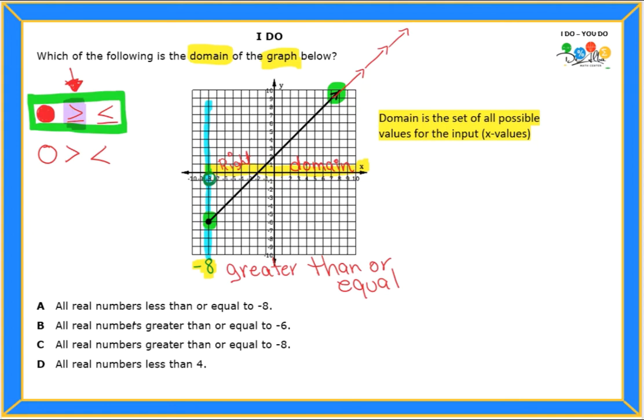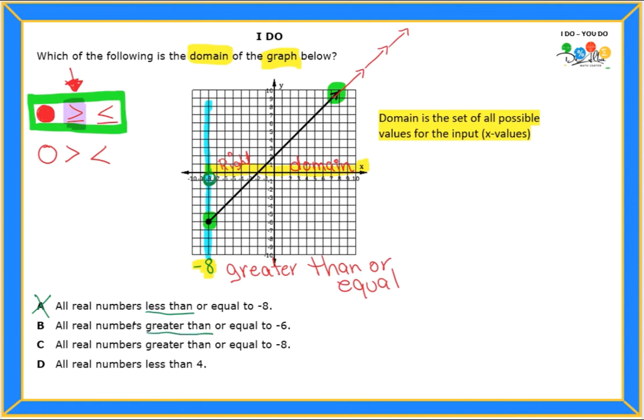If you look at the answer choices, letter A says something like less than. Am I looking for something that is less than? No, so that cannot be the answer. Letter B, greater than. Am I looking for numbers that are greater than?